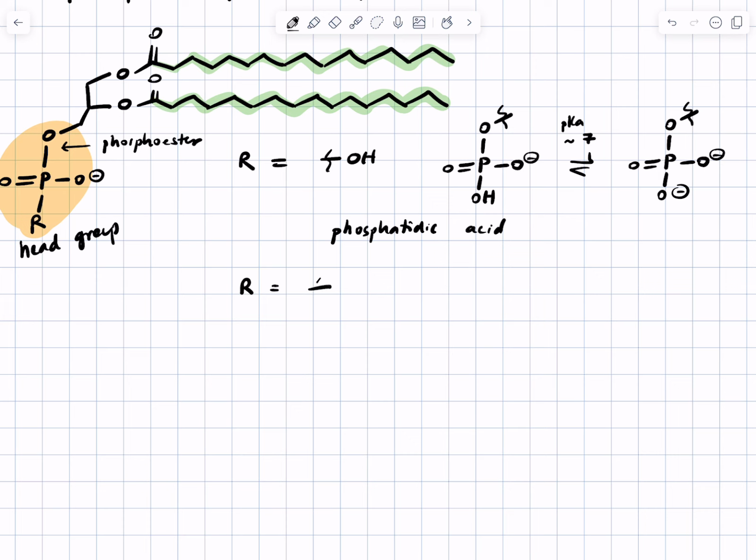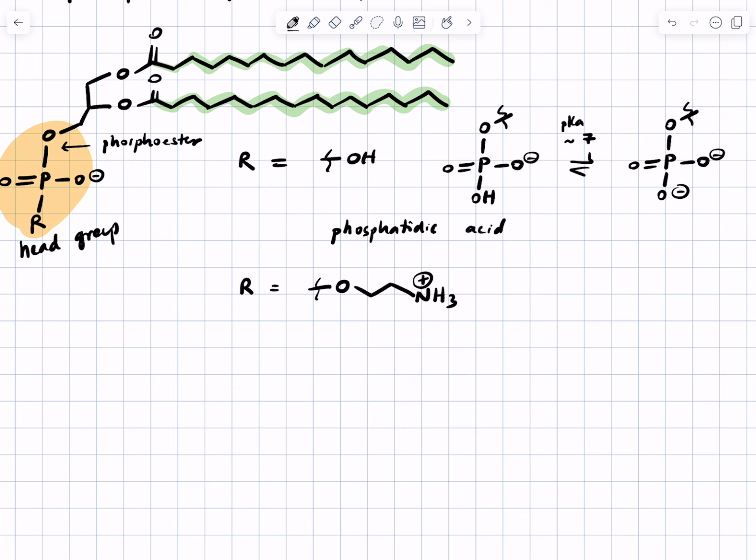So sometimes R is this oxygen bonded to two carbons, and then the second carbon is bonded to an ammonium group.